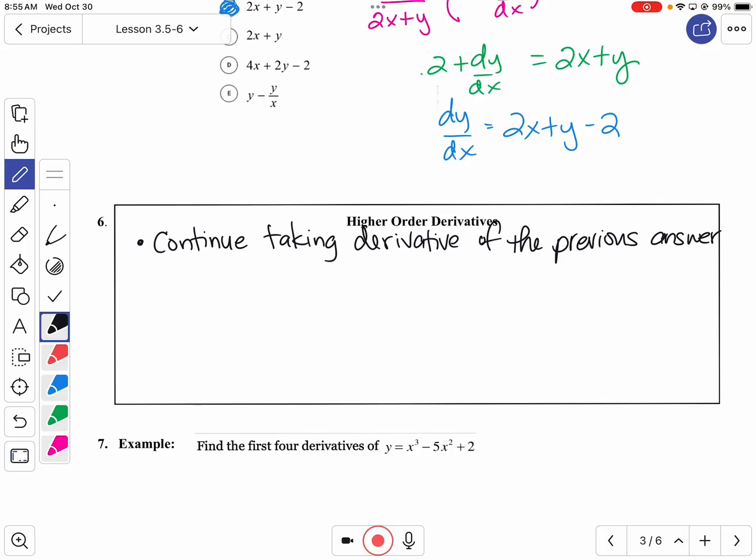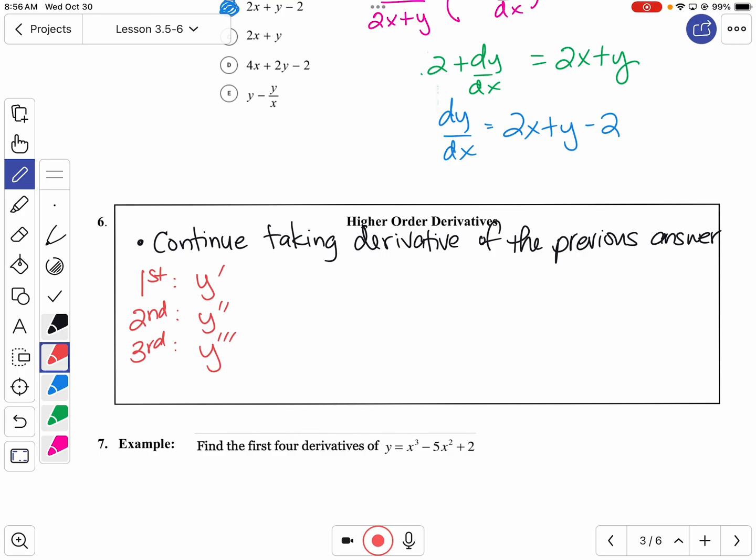Let me show you the notation. So our first derivative would be y prime. Our second, y double prime. Our third, y triple prime. Now if I wanted the 50th derivative, are we going to put 50 little marks out next to it? That would be awesome, but no, we're not.